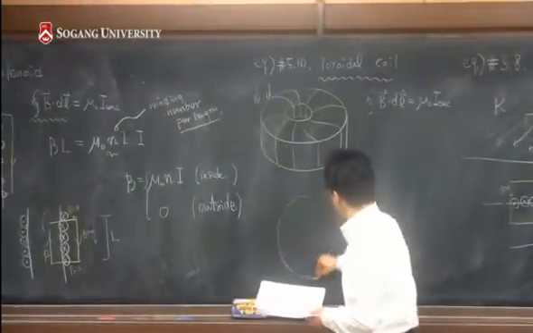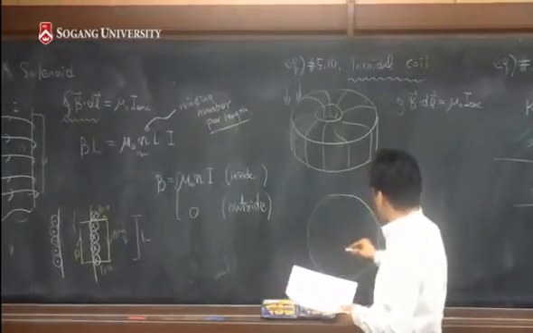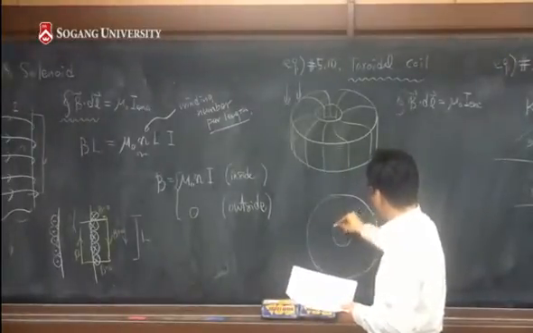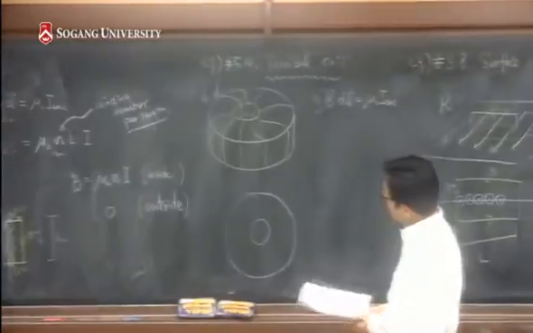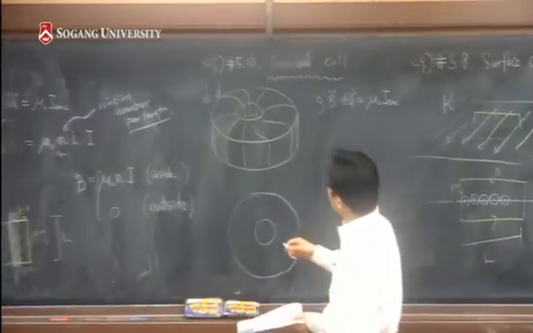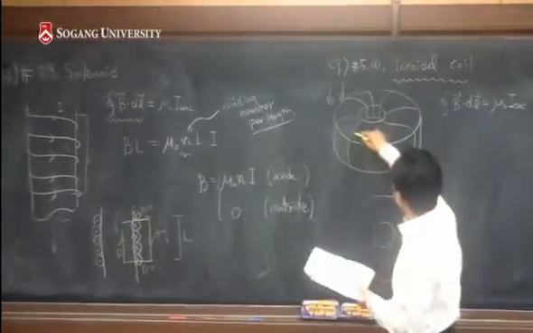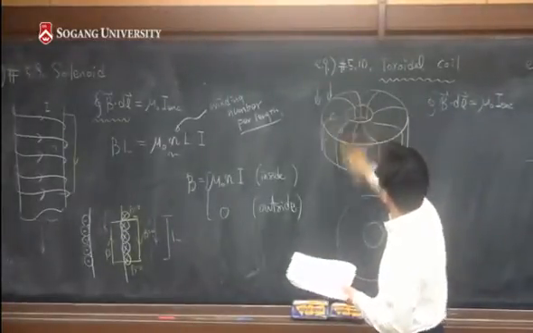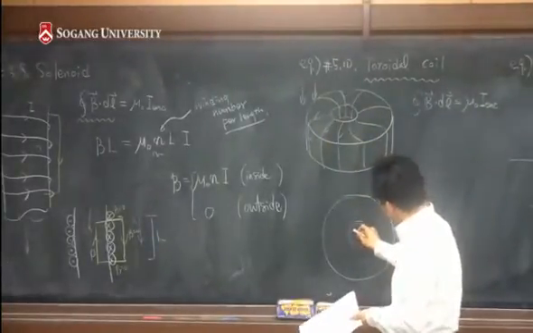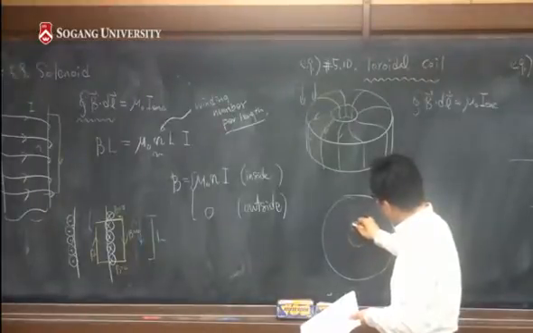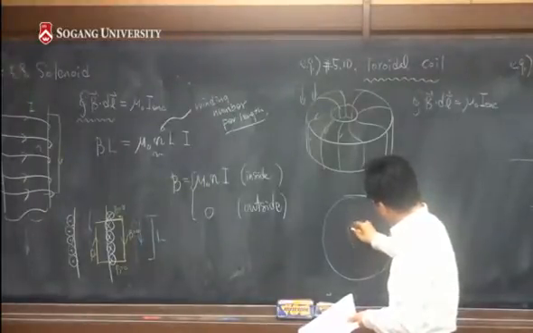Let's say the current is flowing in this direction. Then the current is coming out on this side, like this.